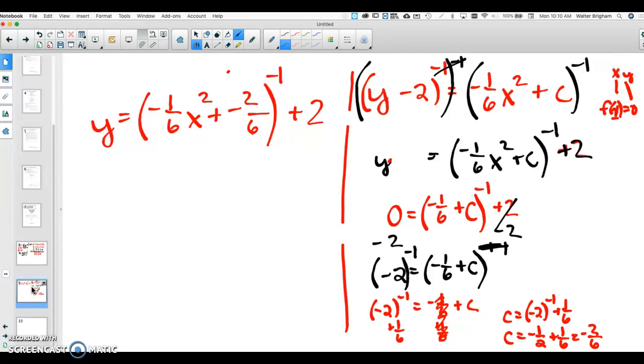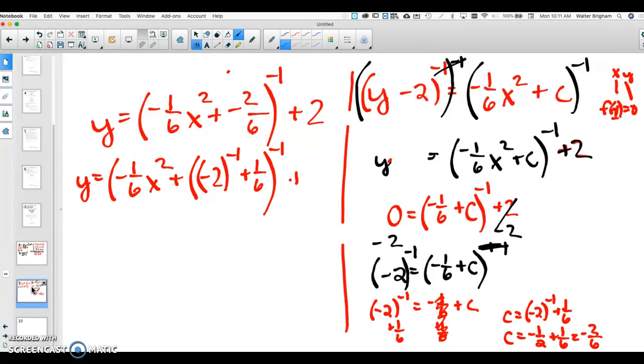You can write the answer like that, or you can write it as y equals x squared plus, in parentheses, negative 2, negative 1st, plus 1/6. Either answer is correct. If you don't feel like filling out the whole constant, this is what it's equal to. You can write that whole thing in right there.